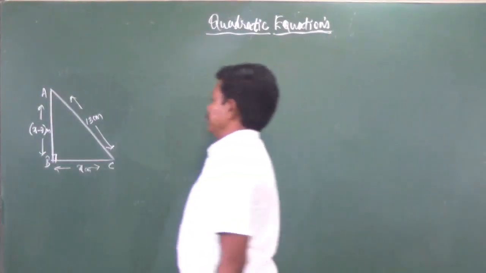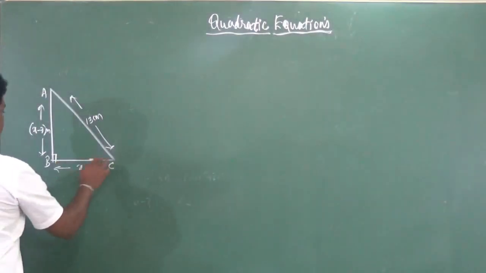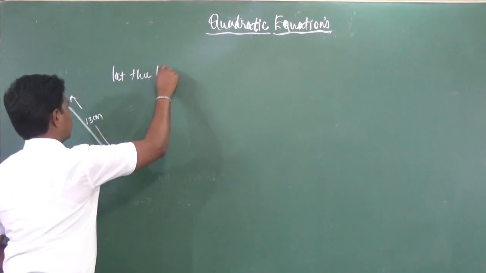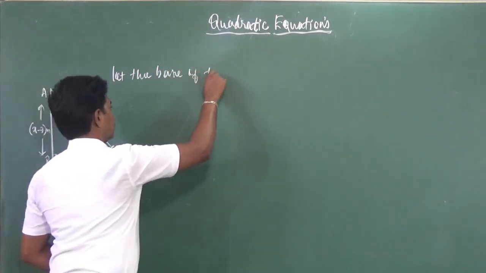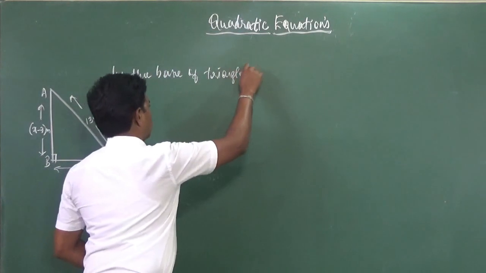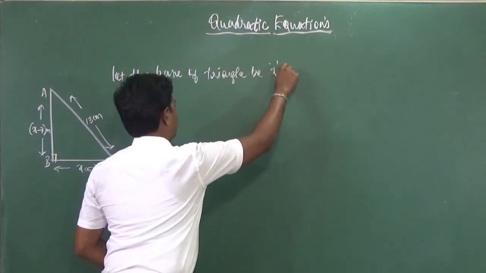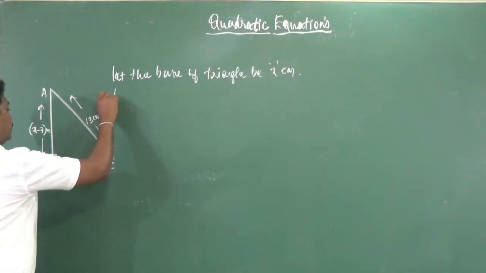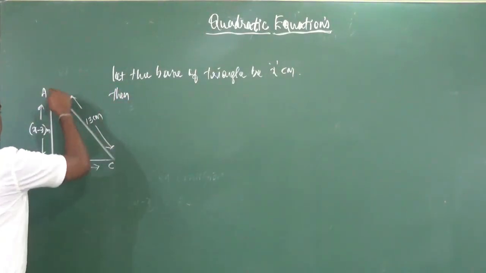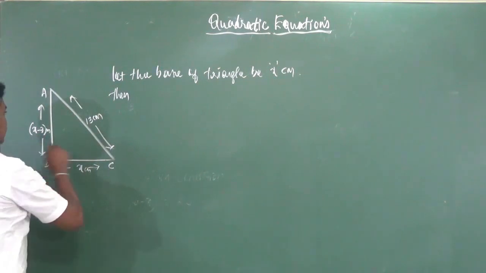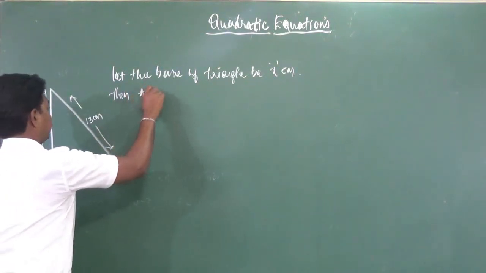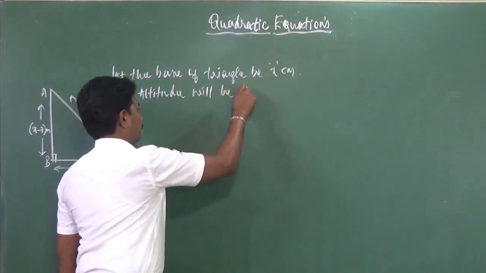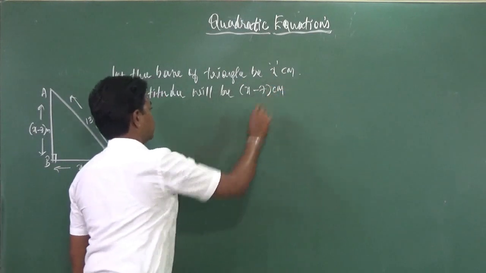First we have to guess. Let the base of the triangle be x centimeters. Then according to the condition, the altitude is 7 centimeters less than the base, so the altitude will be x minus 7 centimeters.